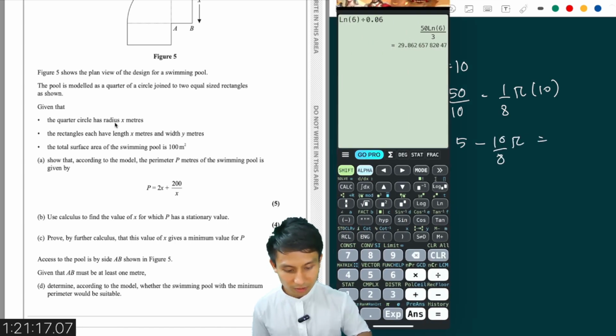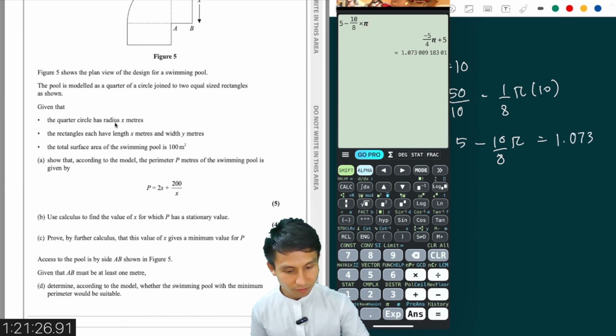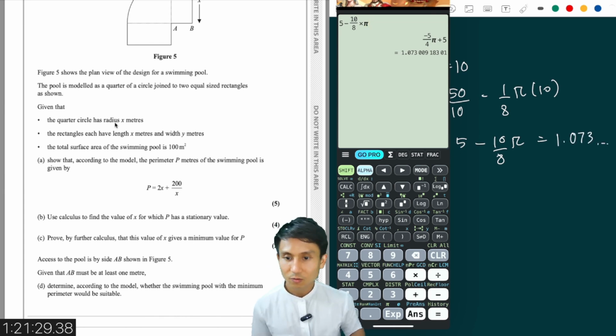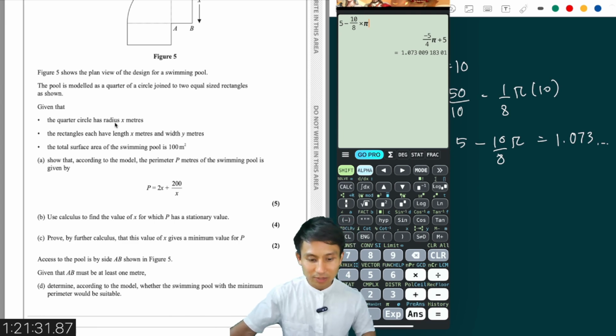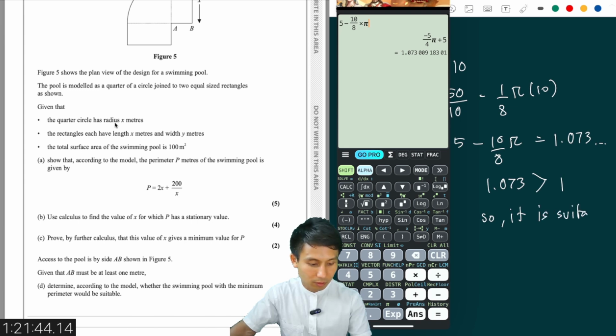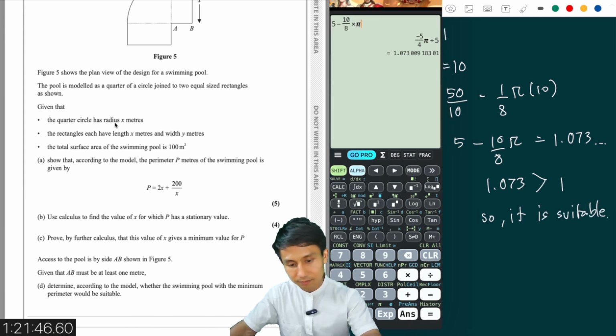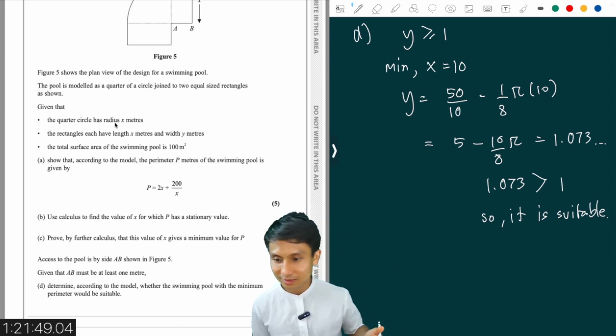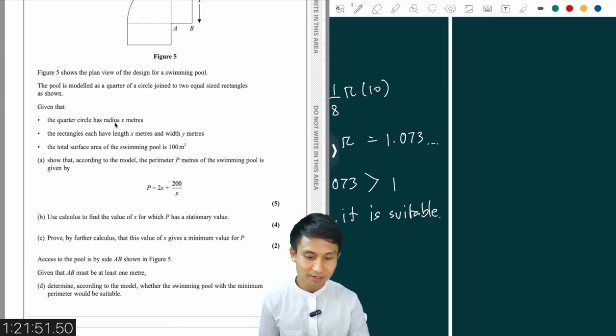Just going to use a calculator. So 5 minus 10 over 8 times pi. That is about 1.073 and so on. Well, must be at least 1 meter, so that's fine. And that is greater than 1, so suitable. Yeah, that's it. Because it's at least, so greater is fine.